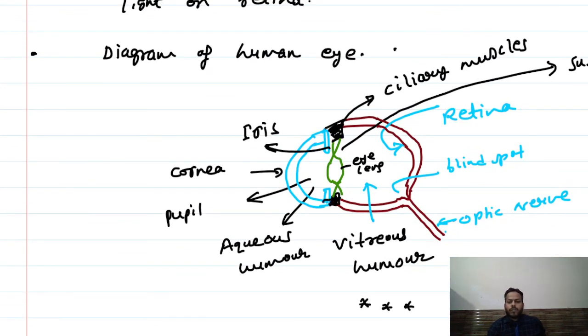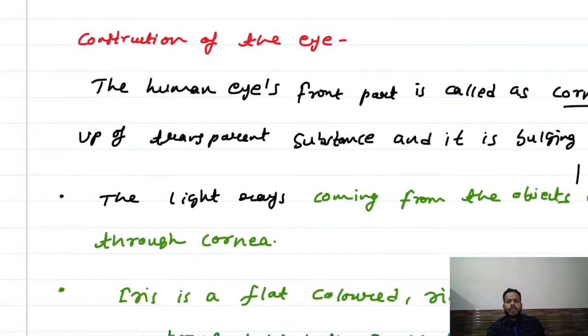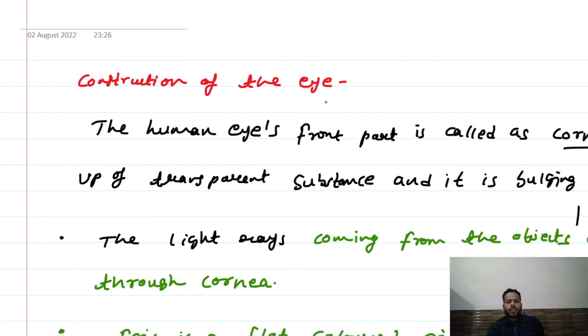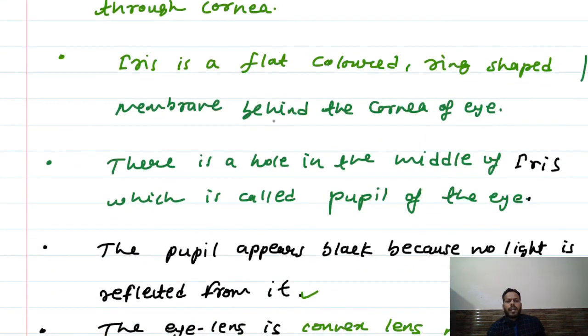Before we conclude this video, let me tell you, these are the different parts of human eye. Construction of eye. The human eye's front part is called cornea, and it is made up of transparent substance and generally bulging out. Light rays coming from the objects enter the eye through cornea only, and iris is a flat colored ring shaped membrane behind the cornea of the eye, and there is a hole in the middle of the iris which is called the pupil of the eye.